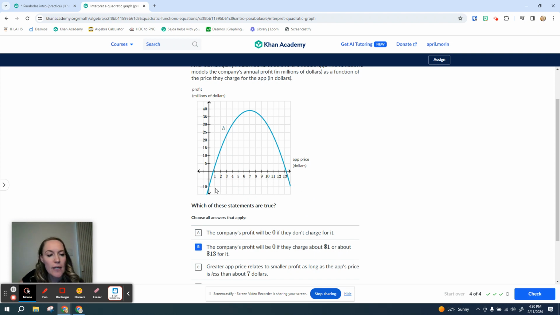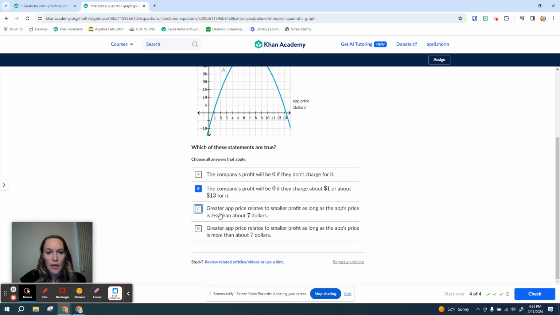If you think about it, there's going to be a lot of people that can pay for the app if it's only $1, and so they're going to be paying off those developers and not making any money. Likewise, if they charge too much for the app, about $13, how many people are actually going to buy it? Not very many. And so they're not going to make any money there. They're just going to make just enough to pay off the developers for developing the app.